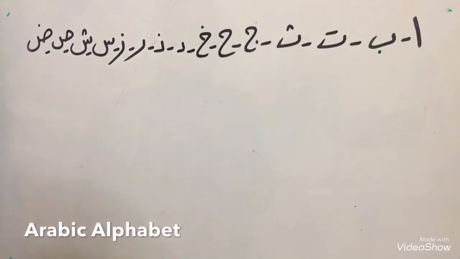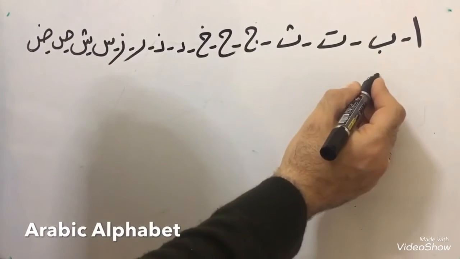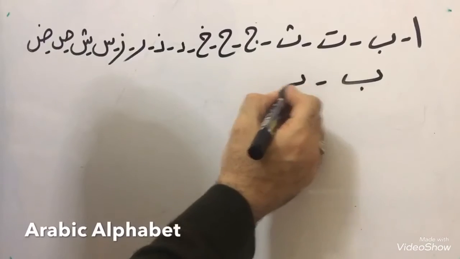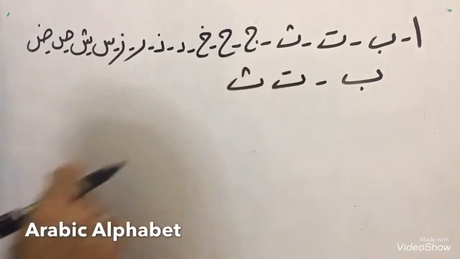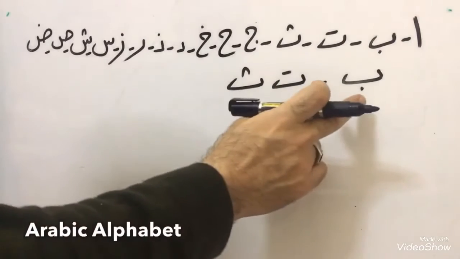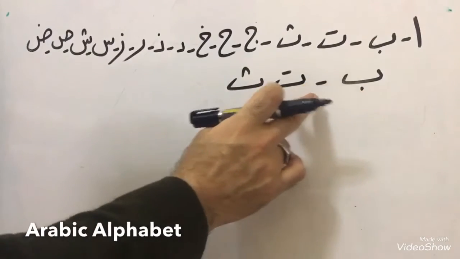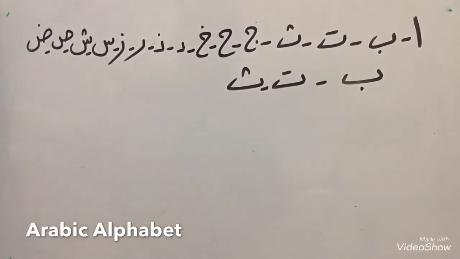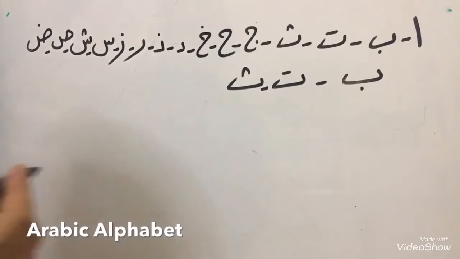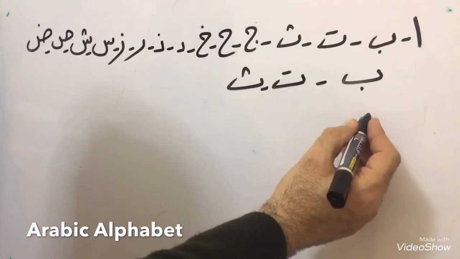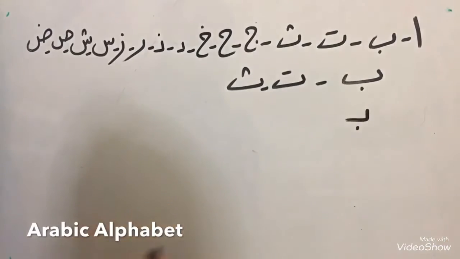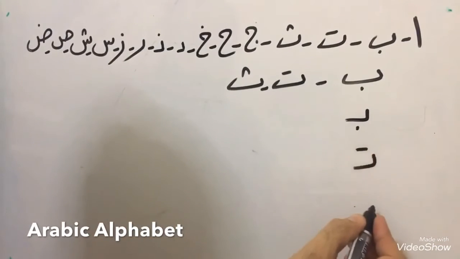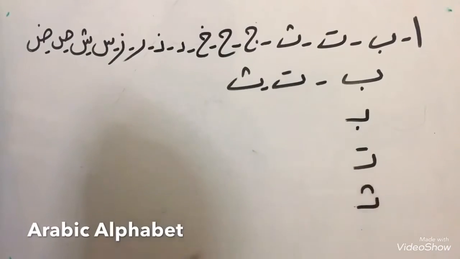As we said before, Ba, Ta, and Tha are similar, but Ba has a dot under, Ta has 2 over, Tha has 3 over. These three letters are written in the same way. So if they come at the beginning of the word, they are like Ba, Ta, Tha.